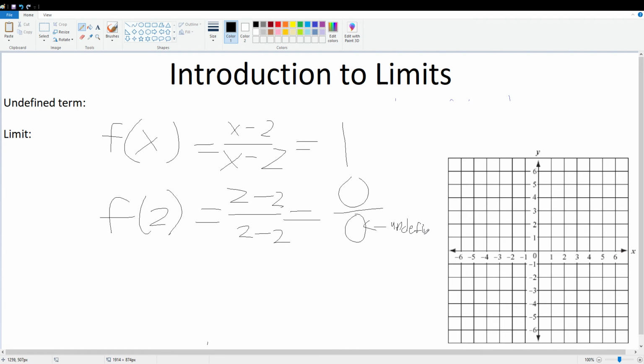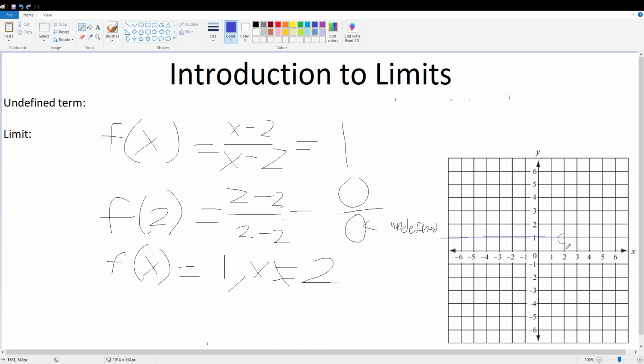So what this would look like written, or a bit more simplified, is f of x is equal to 1, x does not equal 2. And then here I'm going to show you what that would look like on the graph. So essentially just saying at all values of x, it is going to equal 1 except for 2.